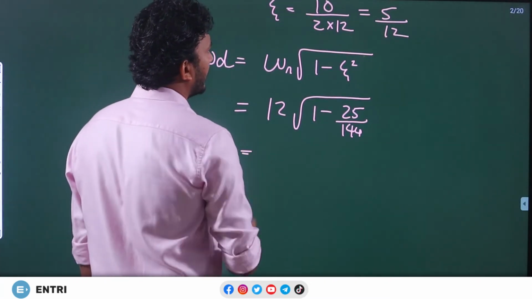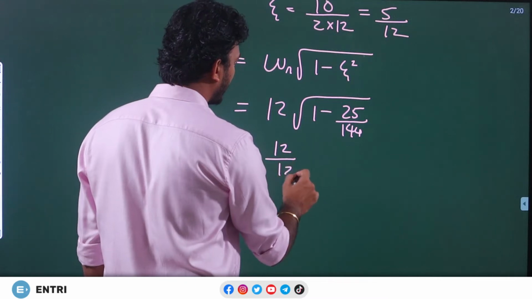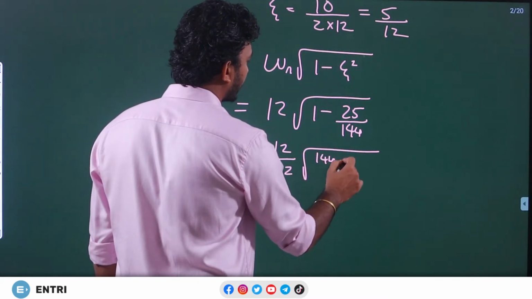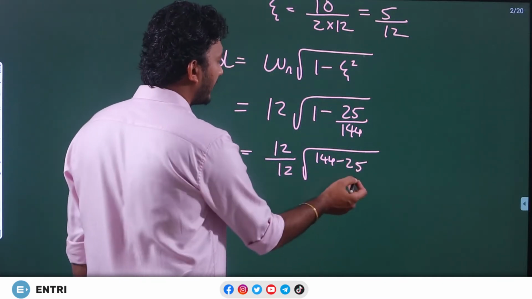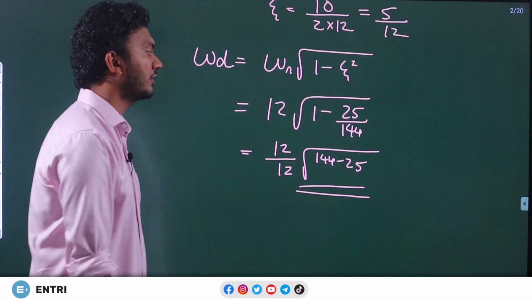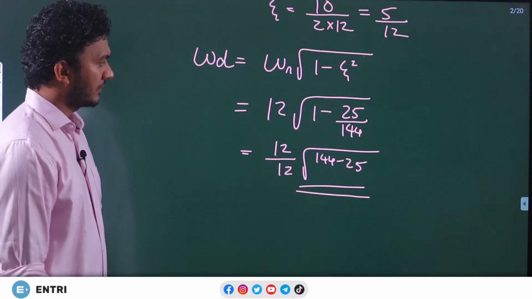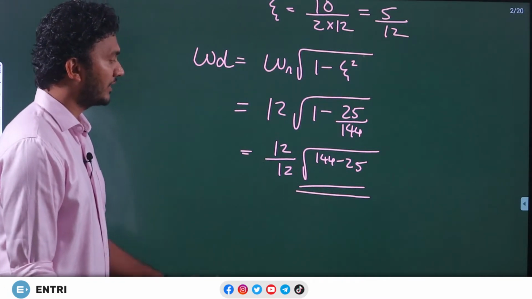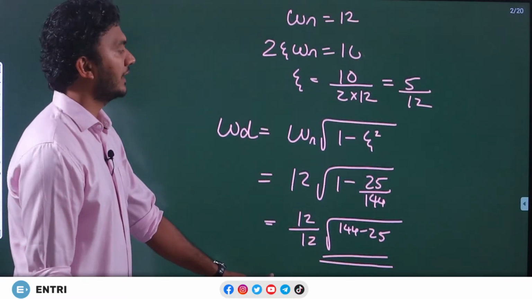So, you have got 12 divided by 12 into square root of 144 minus 25. So, how much you will get? That is I think 119, and the square root of that you will get as the answer, that is omega d.